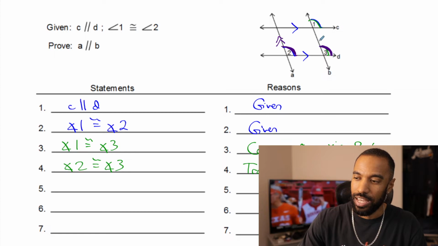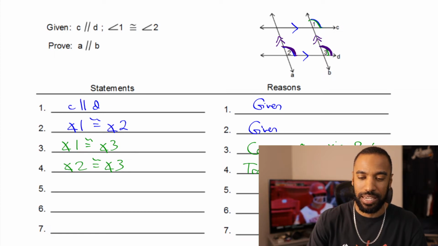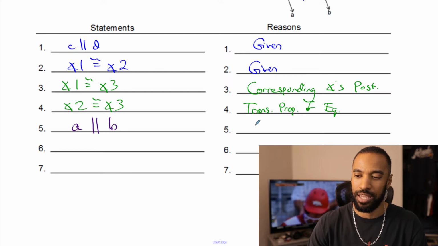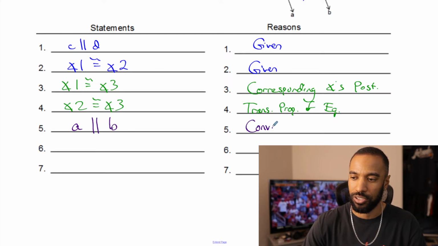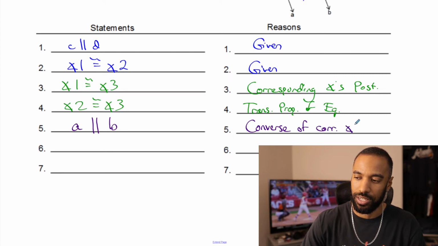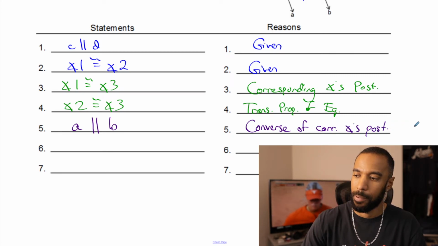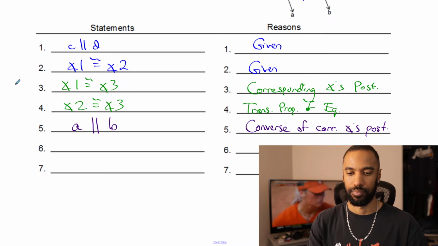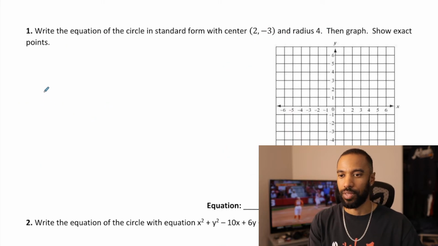Finally, line A is parallel to line B because those corresponding angles are congruent. Line A is parallel to line B by what's called the converse of the corresponding angles postulate. The converse of it. That's why. I'm done. Not with everything.